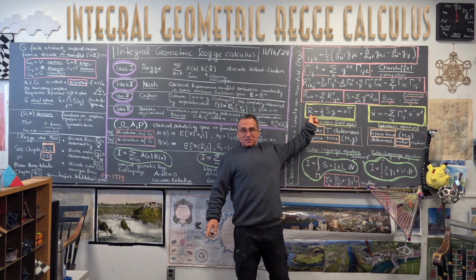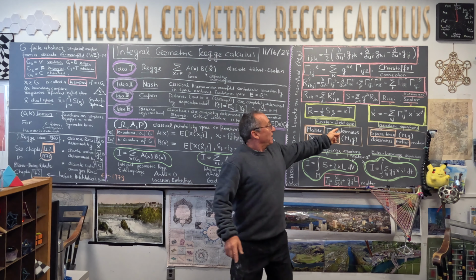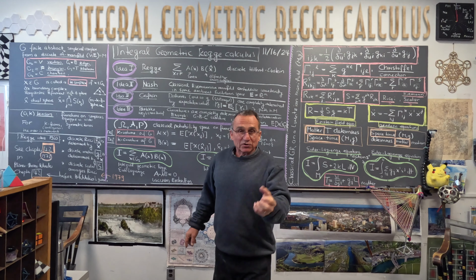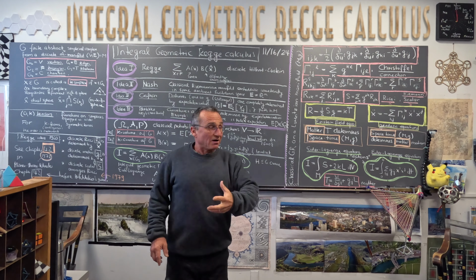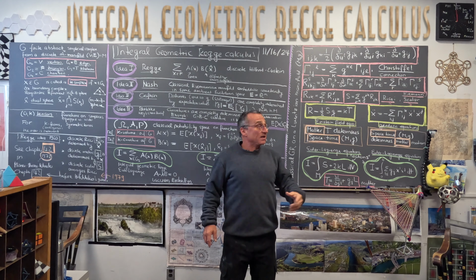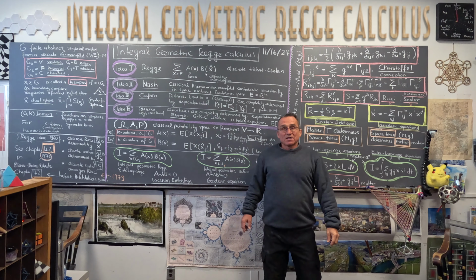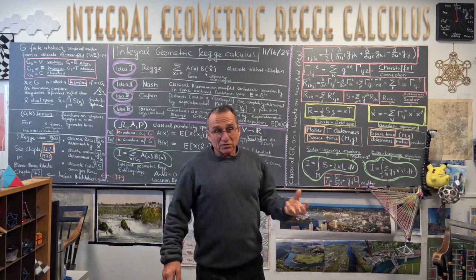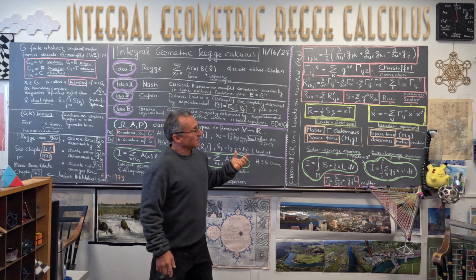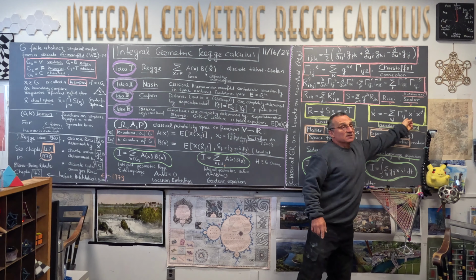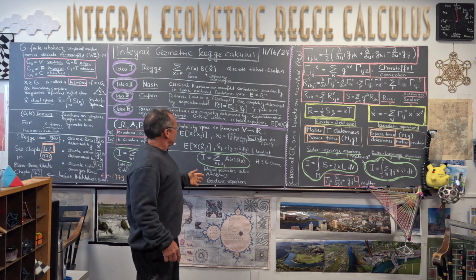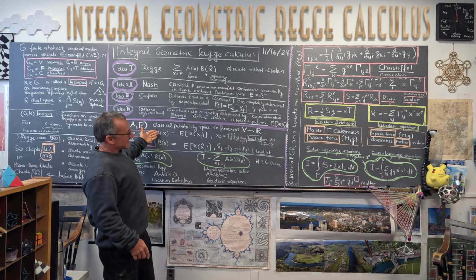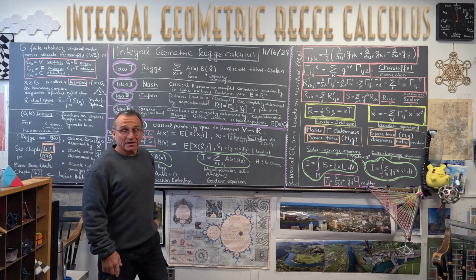So the Regge tensor is proportional to the Riemann tensor. So distances and curvature are related, and also in one dimension you can see a relation between quantities like that and quantities like that.